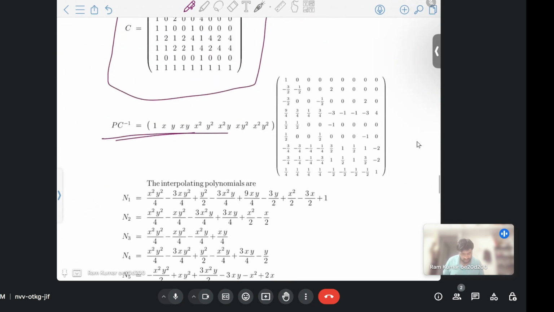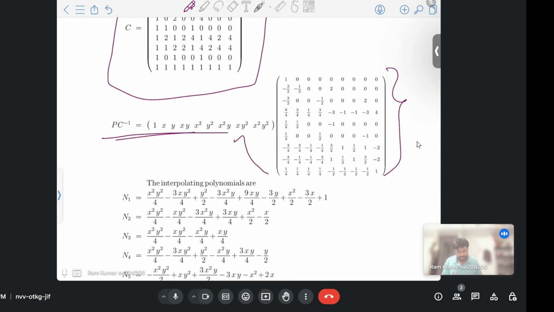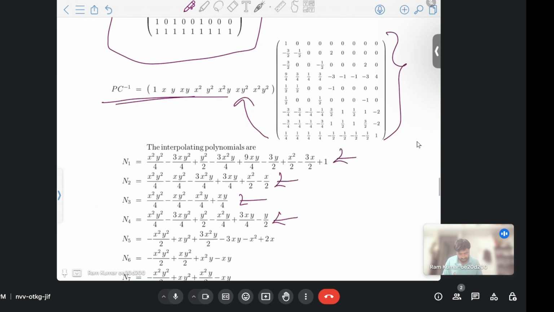After putting in these values, if you do it manually, definitely you will get some error. So I request you, please use some tools like MATLAB, Python, whichever you are comfortable with. This will be our N1, N2, N3, N4.